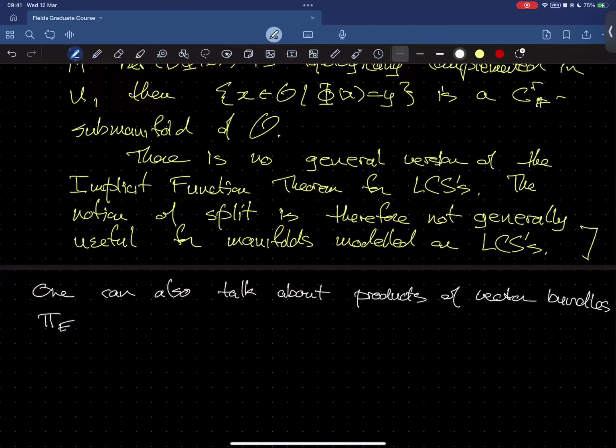So we have two vector bundles, E and F. And you can talk about the product.